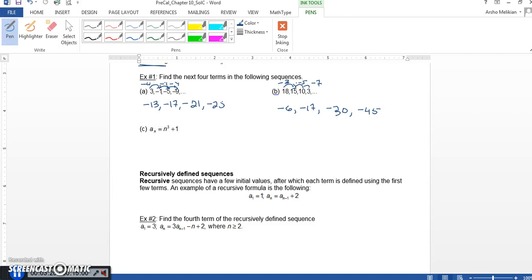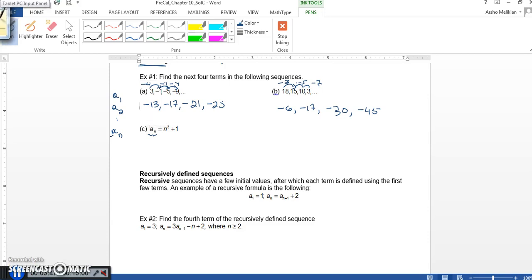Now here you are given an explicit formula. And you're given your notation A subscript n. So each term in a sequence is labeled A subscript 1, A subscript 2, and so on and so forth until A subscript n. Okay?